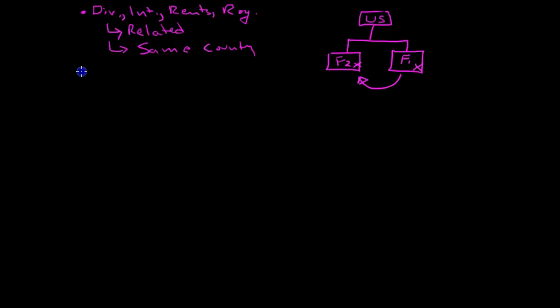The second category now, which actually changes the definition of a rent and a royalty, is in cases where the rent or the royalty is from an unrelated person, right? So here, let me change the colors. In this case, let's say F1 receives a royalty. The royalty is from an unrelated person, but it's part of F1's active conduct of a trade or business.